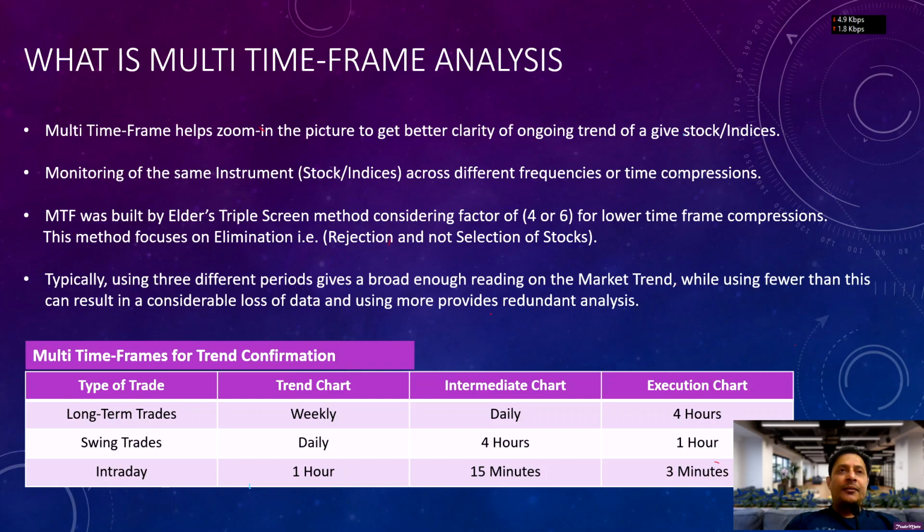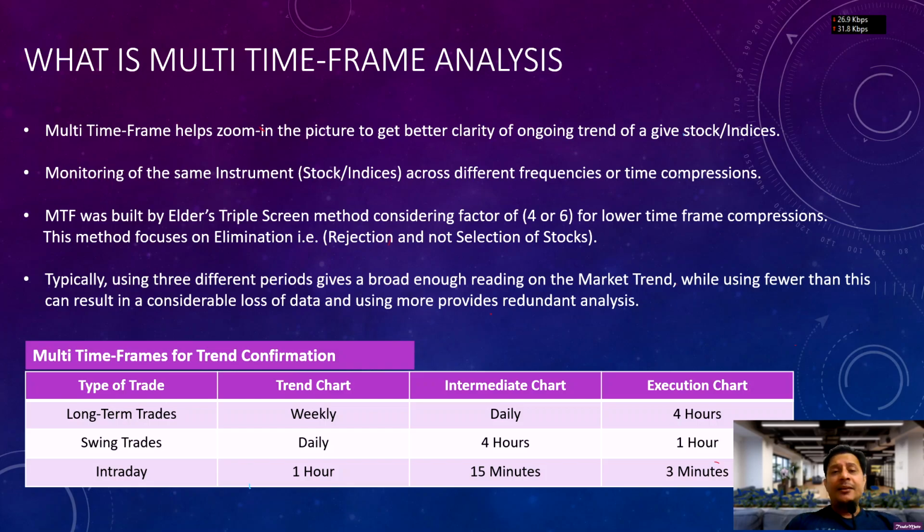Elder's trading system recommends between three or five, or even four or six. It depends upon your confidence and comfort level, but I would prefer anywhere between four and six, which gives me a very good understanding of what the price action is on the given time frame.